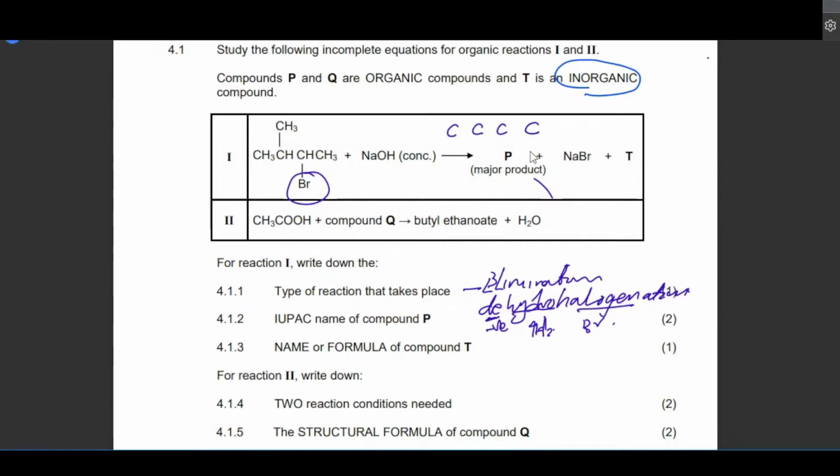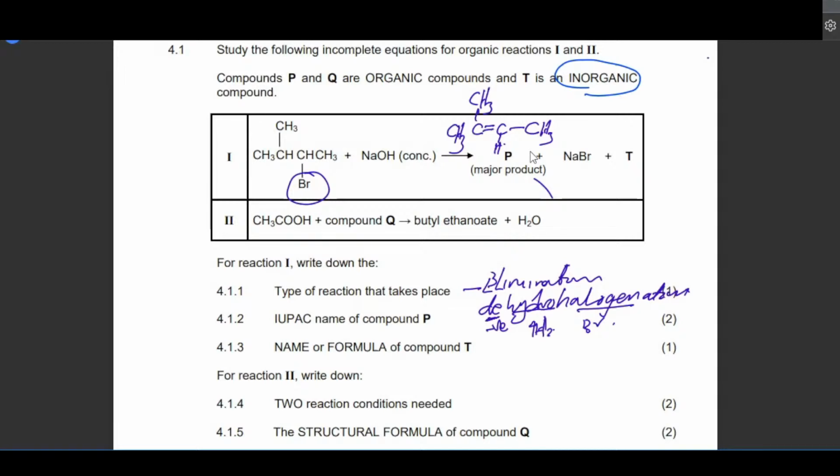Remember, here there is this. So it's going to lose one hydrogen here, so it's going to double bond there. And this one also is going to be lost. 1, 2, 3, 4. So the answer is going to be like that.